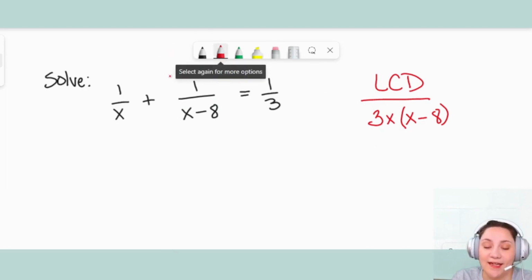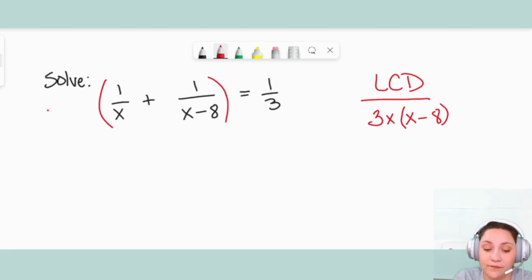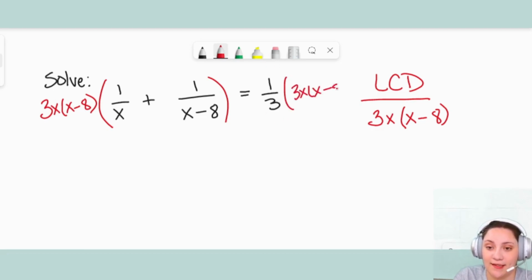Now I need to multiply both sides of the equation by that least common denominator. So I need to multiply this side by 3x times x minus 8, and then the other side by 3x times x minus 8. If I do that, I use the distributive property on the left-hand side, and this is going to eliminate the x.